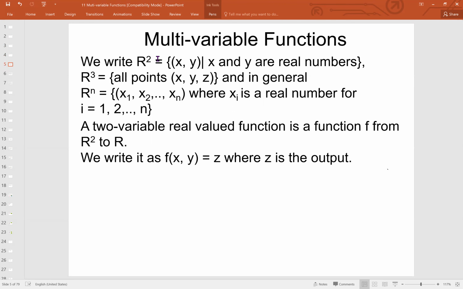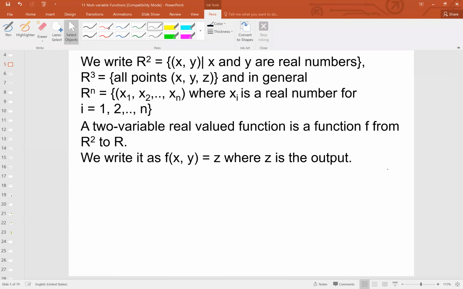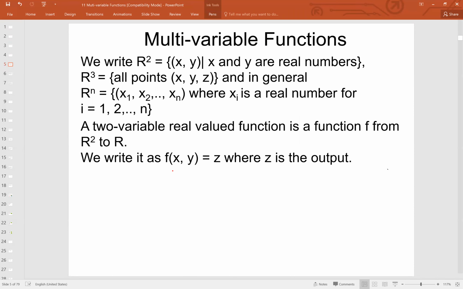Mathematics is that. A two-variable real function means you take a point in two-dimensional space and assign it an output.